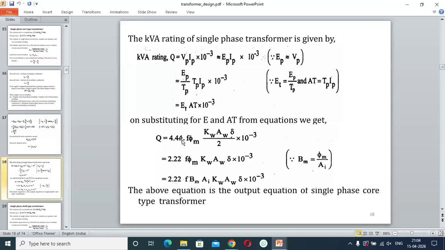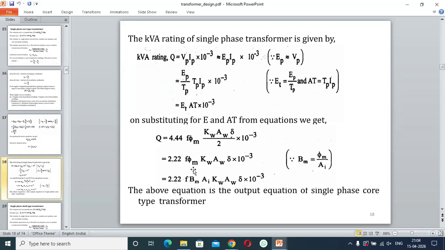Now these two will divide, so it will become 2.22 f phi m kW Aw delta multiplied with 10 power minus 3.